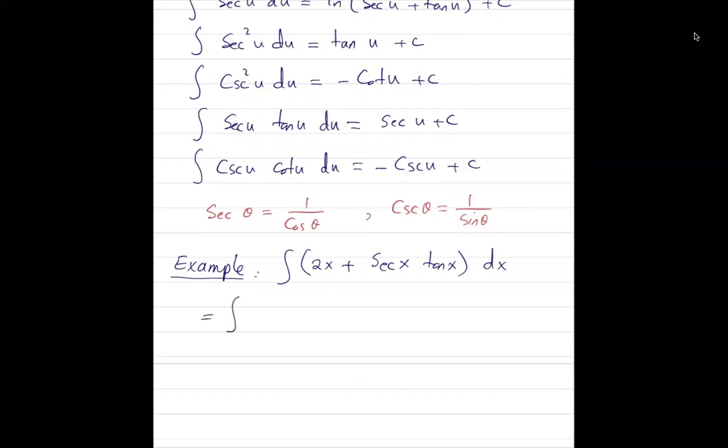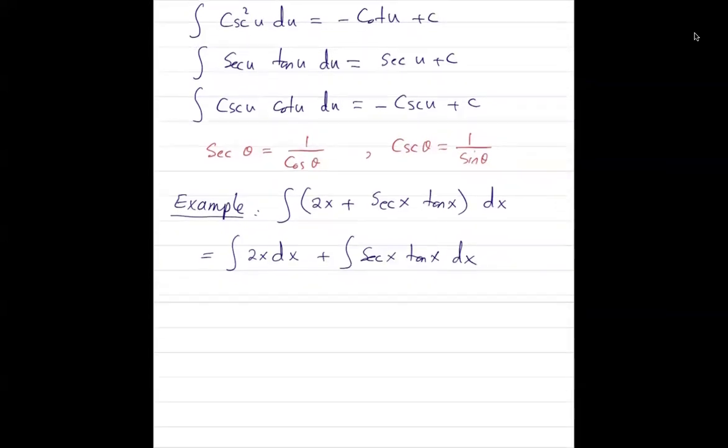The first integral is the integral of 2x dx plus the integral of secant x tangent x dx. To calculate the first integral, we have to apply the power rule, which was, if you have the integral of u to power n du, it is u to power n plus 1 over n plus 1 plus c.